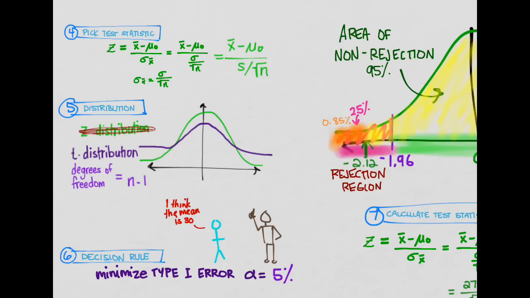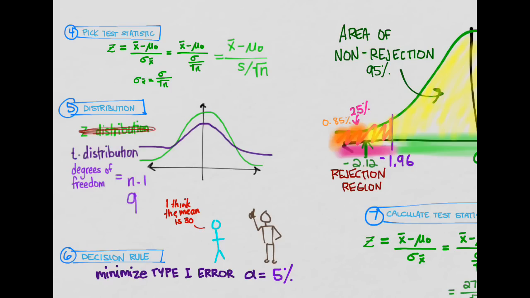And the bigger the sample size you have, the closer you're going to get to the z distribution. And the smaller the sample size, the shorter this is going to get, and the fatter the tails are going to get. So our distribution in this case is going to be a t distribution with 9 degrees of freedom, right? Because we said our sample size was 10, so 10 minus 1 is 9.